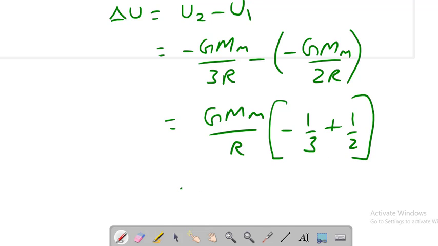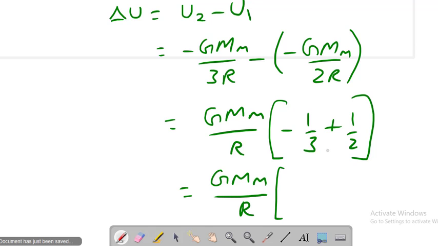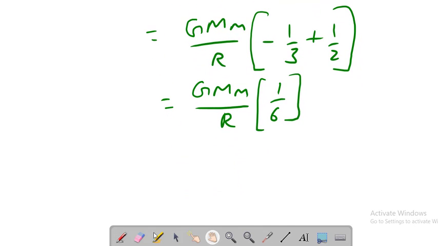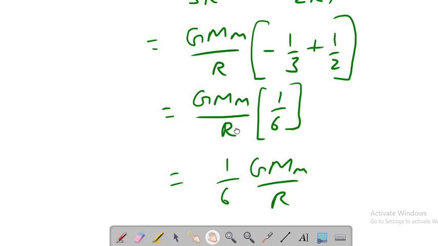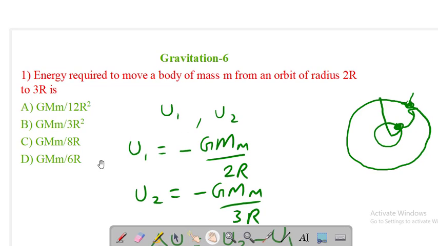We can solve this using a simple LCM: minus 2 plus 3 upon 6, so it is 1 by 6. This much energy will be required so that the body changes its orbit from radius 2r to 3r. This is the answer. In the options, option D is correct.